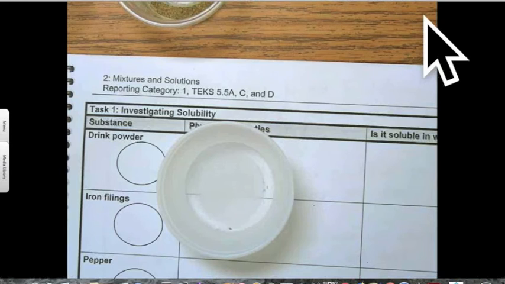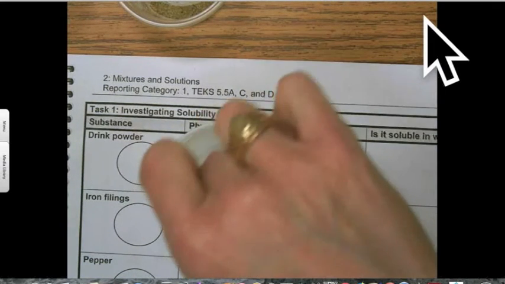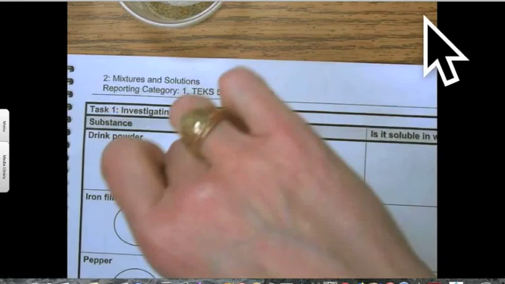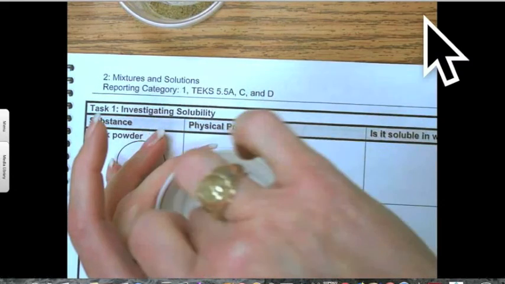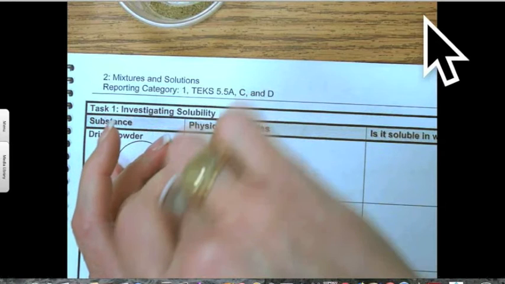Did the sugar dissolve? Was there a physical property change? If so, then sugar is soluble in water. If I keep stirring, then all of it will eventually dissolve.